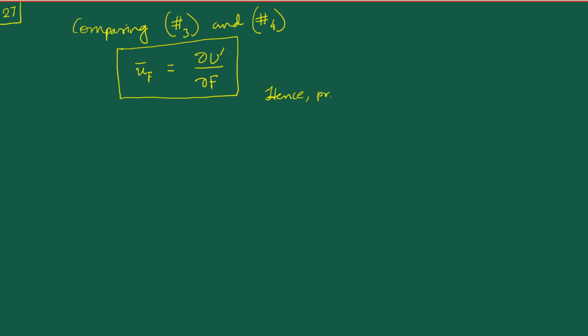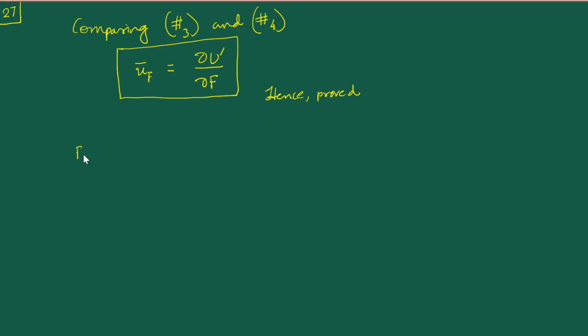The path to this has been beset with very careful remarks and statements. But I hope this will give you some sort of satisfaction at the end that we have managed to arrive at this, and it is in this form that we are directly going to apply it to problems. Now, one very important note is that if our material behavior is linear elastic, then there is no difference between the complementary energy and the strain energy.